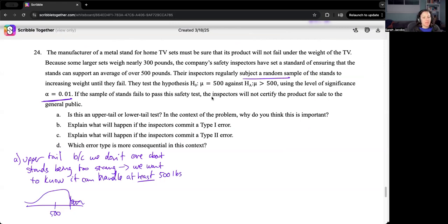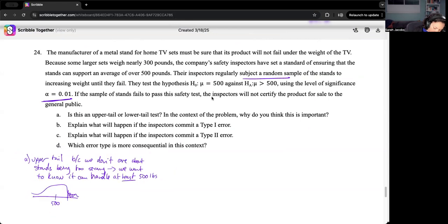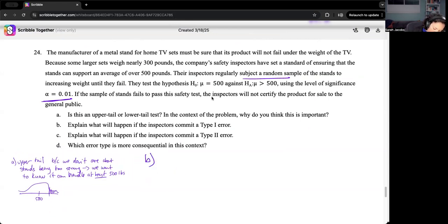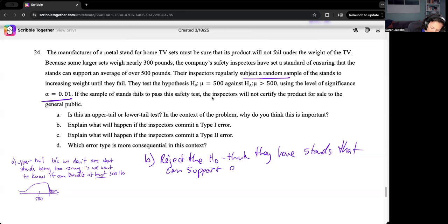Part B, explain what will happen if the inspectors commit a type 1 error. So a type 1 error is a false positive. So they reject the null and think they have stands that can support over 500 lbs.